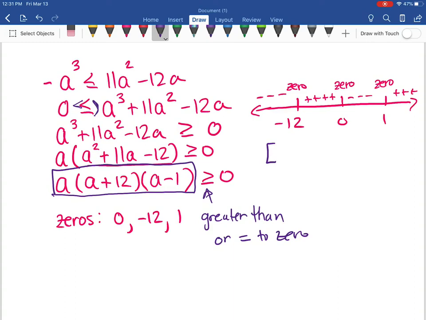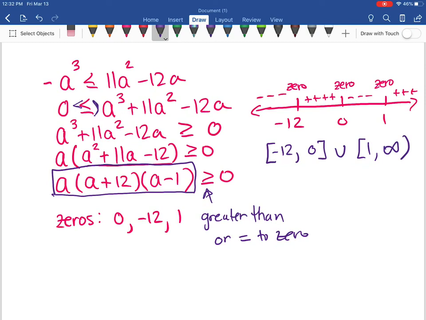So my answer is going to be negative 12, including negative 12 because it's 0 there, to 0, union. And then we have another interval that's positive and a value that's equal to 0 at 1. So we're going to write it like this. Now with infinity, remember you want to use parentheses, but everything greater than 1 would be positive as well.